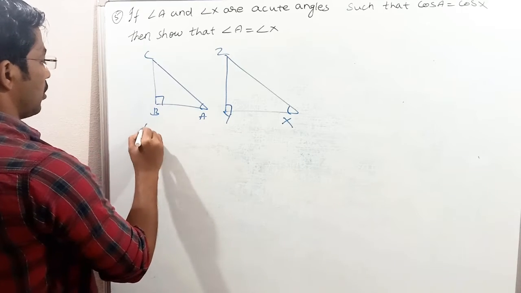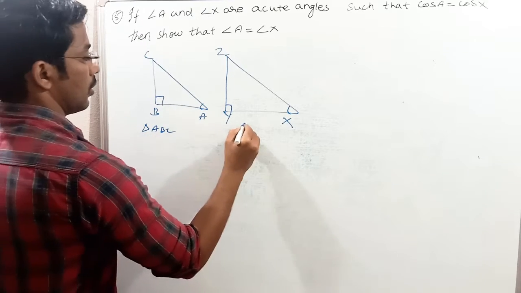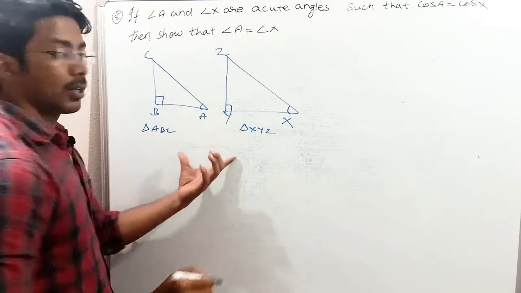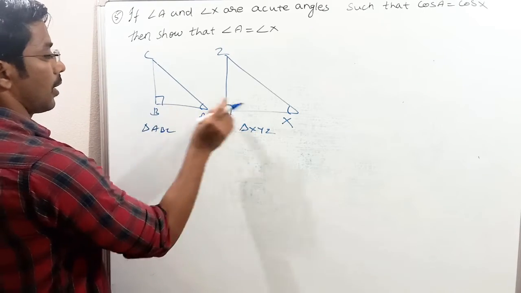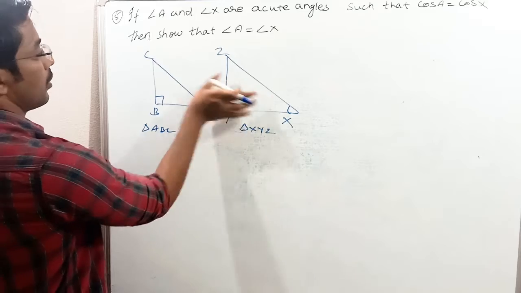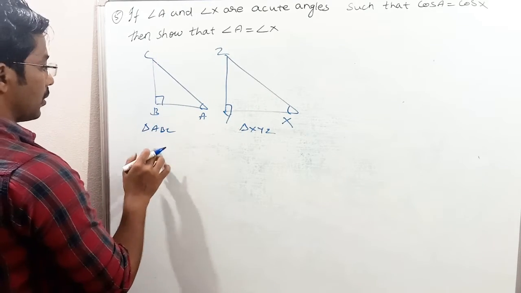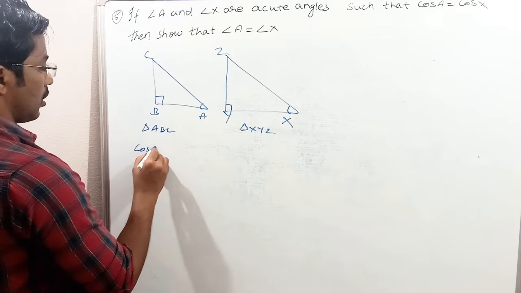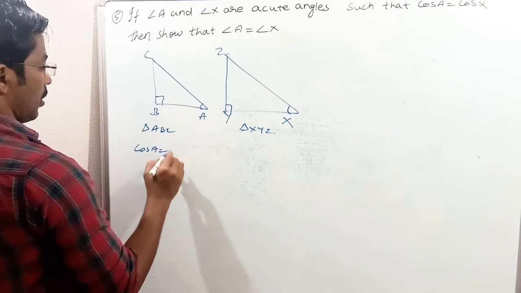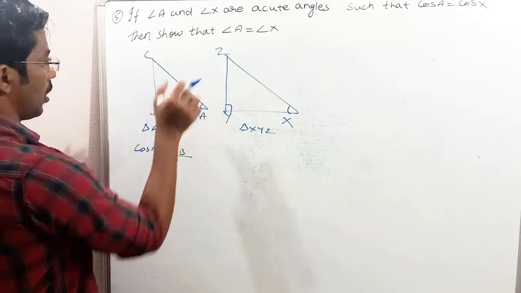This is triangle ABC and this is triangle XYZ. I am considering these two triangles where right angles are at B and Y and the hypotenuses are AC and XZ.